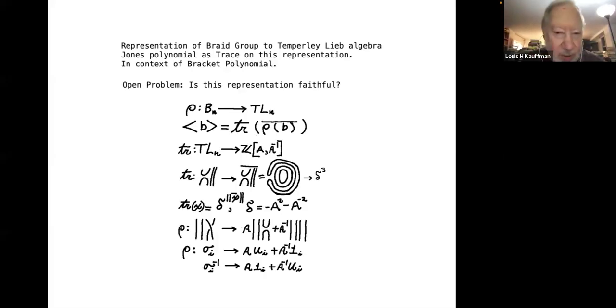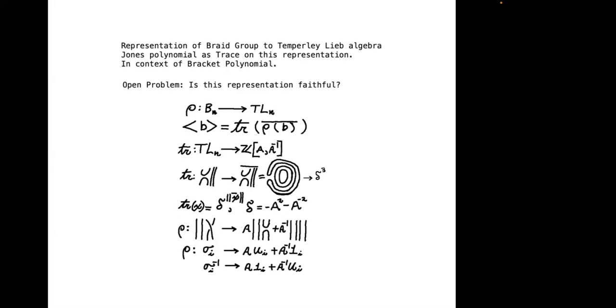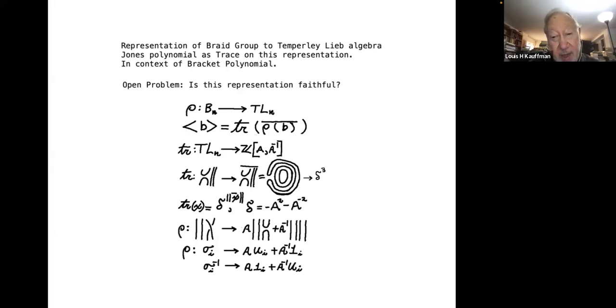That's why I put the problem in front of you, but it does not follow from the fact that the Jones polynomial can see two links as being the same. But it's a nice question, right? You could look at whether or not this representation is faithful. People have, of course, but I don't have an insight into that.